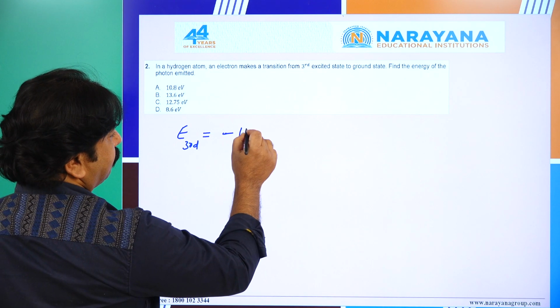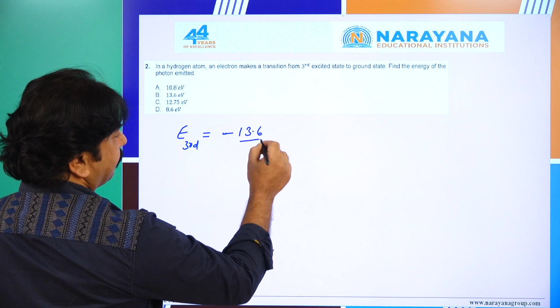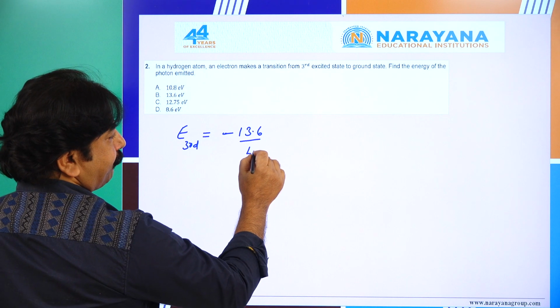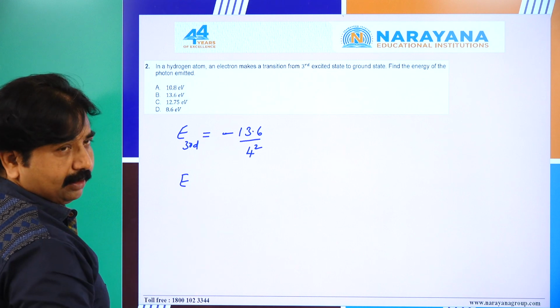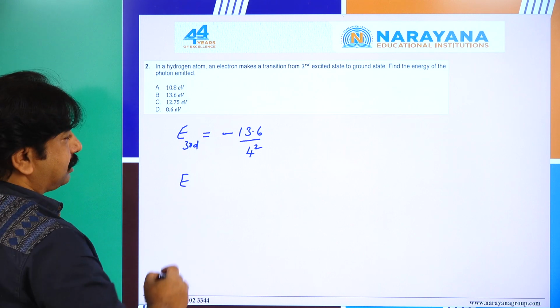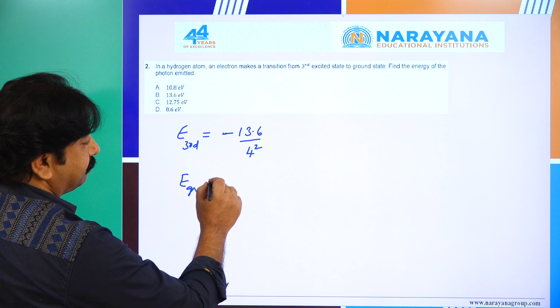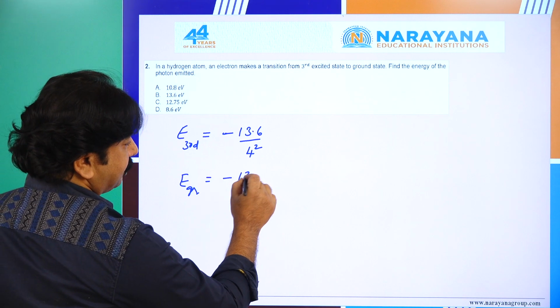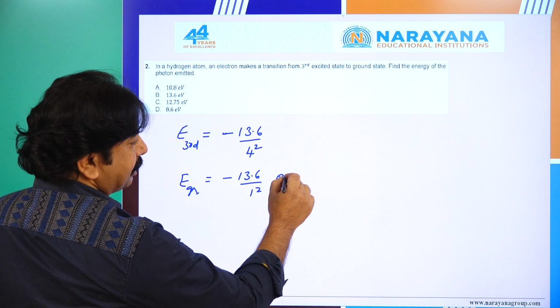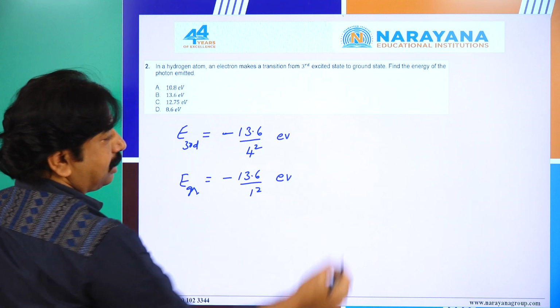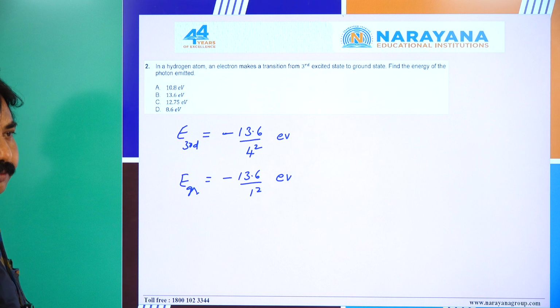So this is equal to minus 13.6 by 4 square only. Similarly, the energy corresponding to the ground state is minus of 13.6 by 1 square electron volts.